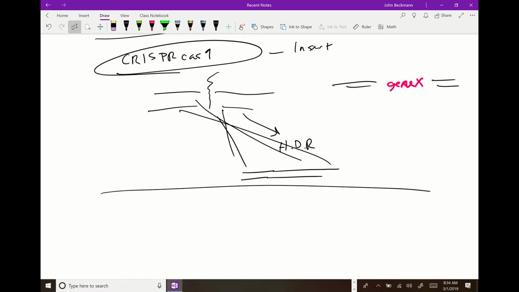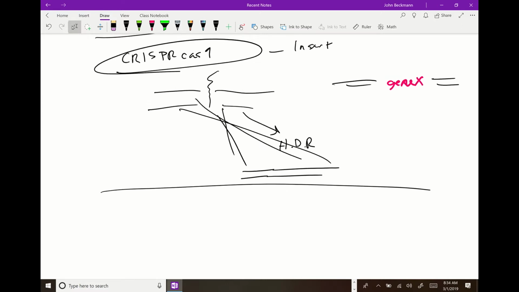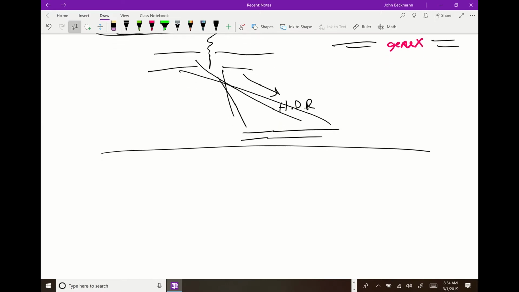Just be easier. The cell already has a lot of those mechanisms integrated. I don't know if it's quote unquote easier. There's a better reason. One of the reasons is Agro is very, very good. So Agro involves transferring a plasmid.